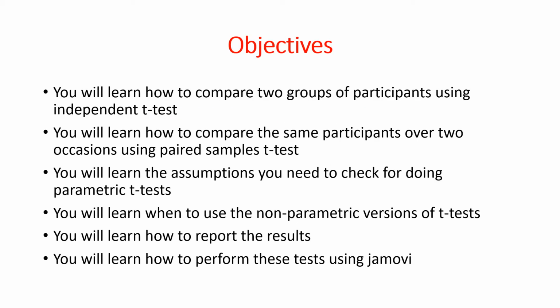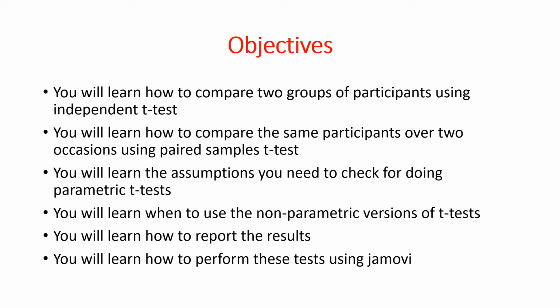These are the objectives of this session. So you will learn how to compare two groups of participants using an independent sample t-test. You will learn how to compare the same participants over two occasions using paired sample t-tests. So we will learn about two different types of t-tests.